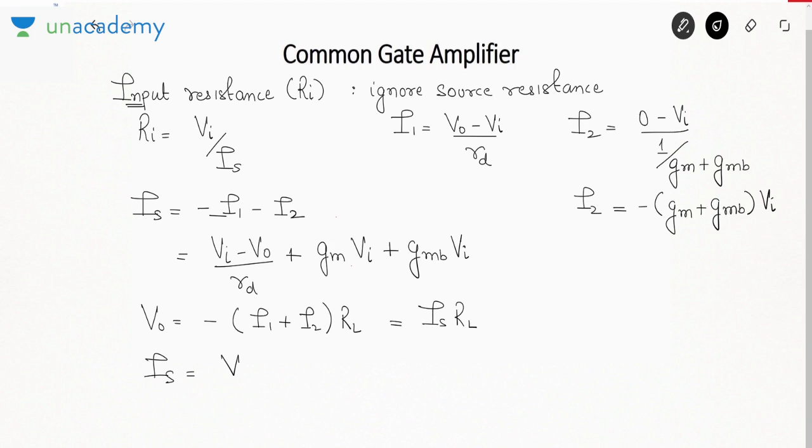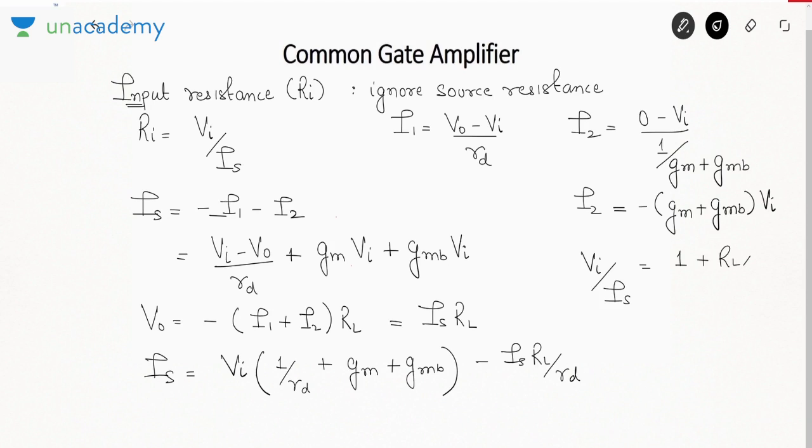So Is is Vi (1 by RD plus gm plus gmb) minus Is RL by RD. Which means if you take Vi over Is, it will be (1 plus RL over RD) divided by (1 by RD plus gm plus gmb). So that will be the input resistance Ri.